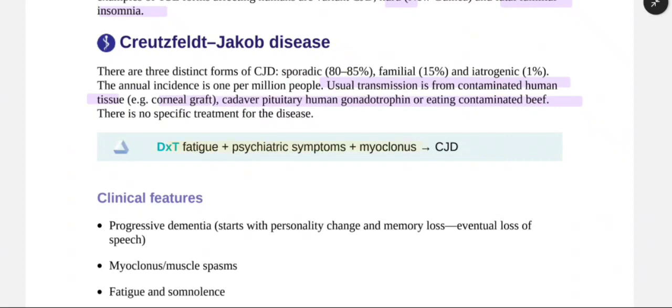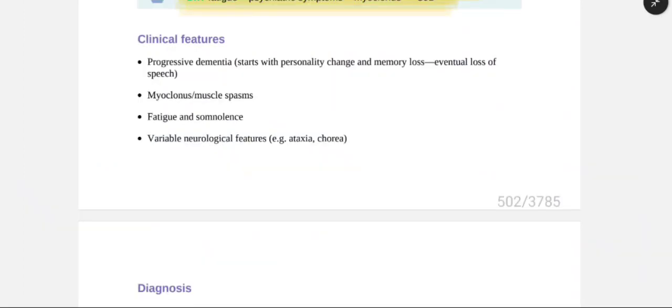Fatigue, psychiatric symptom, myoclonus. This is the classic presentation. It starts with rapidly progressive dementia. Early symptoms may include memory problem, behavioral changes, and coordination difficulties, right?